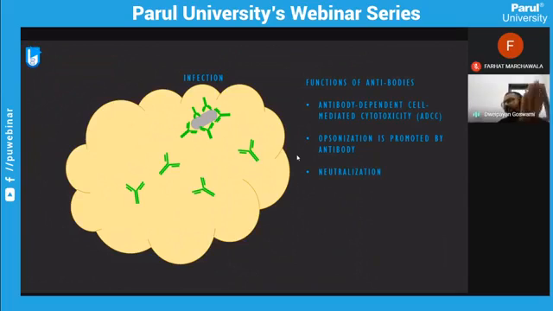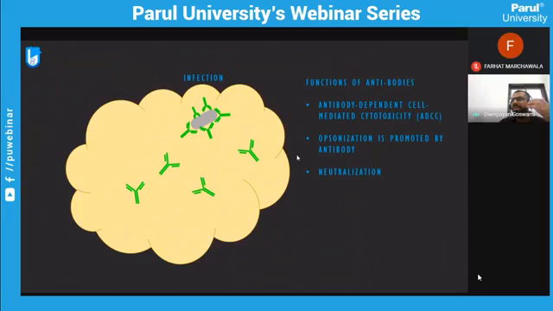And if you cover the surface of a bacteria, what is there on the surface? The surface of a gram negative bacteria has a lot of lipopolysaccharides, and lipopolysaccharides are toxins to the body. It is very reactive.